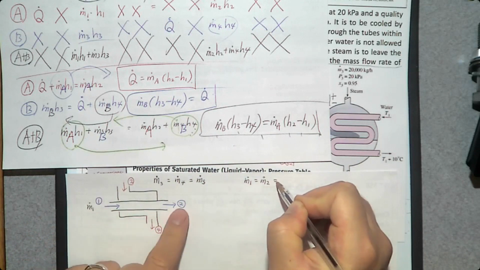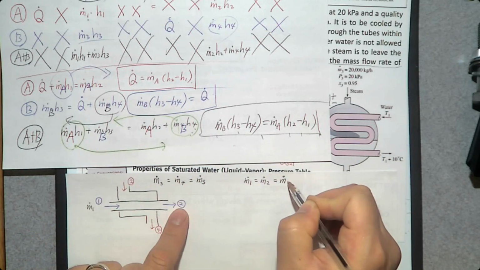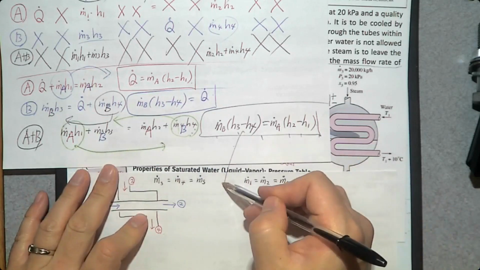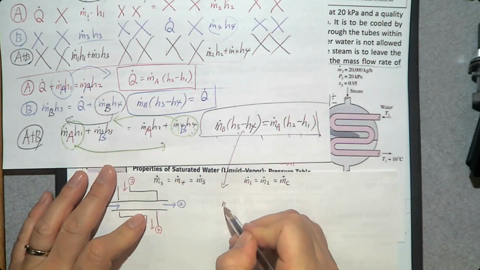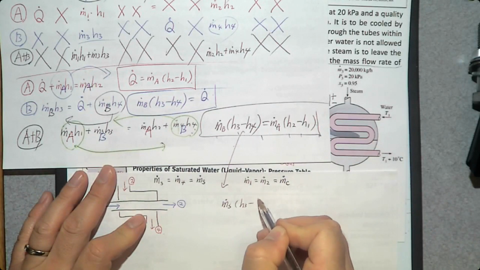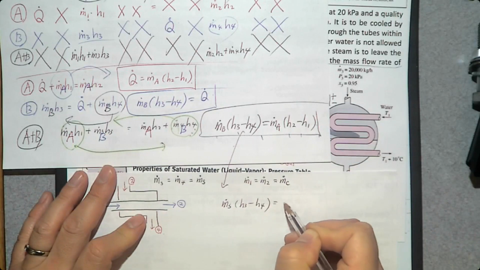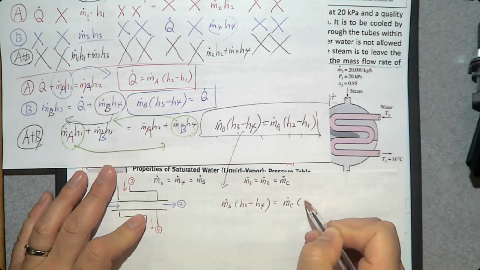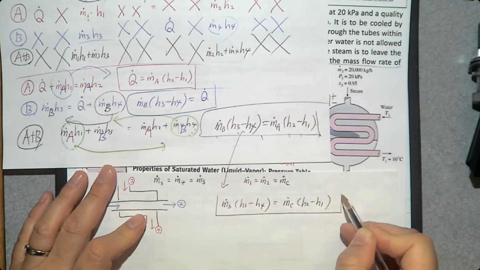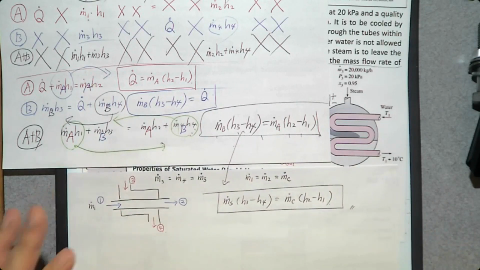I'm going to say this is m dot of cooling water, C. Then we can say m dot of steam times (H3 minus H4) equals m dot of cooling water times (H2 minus H1). This is the energy balance equation we are going to solve.